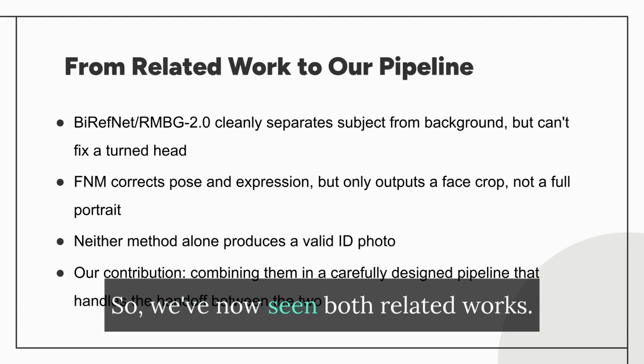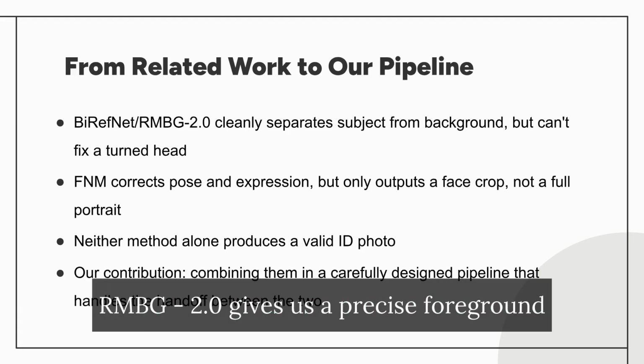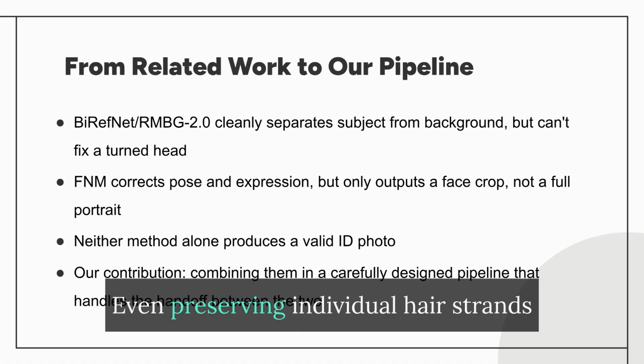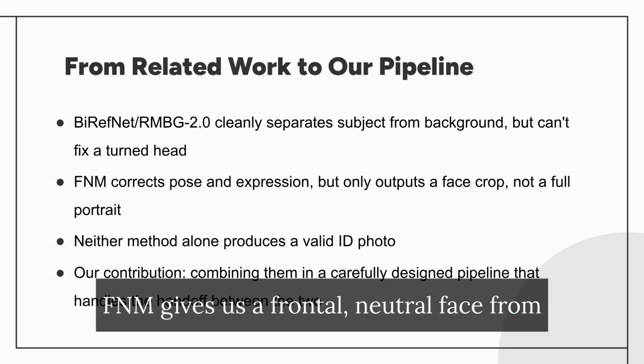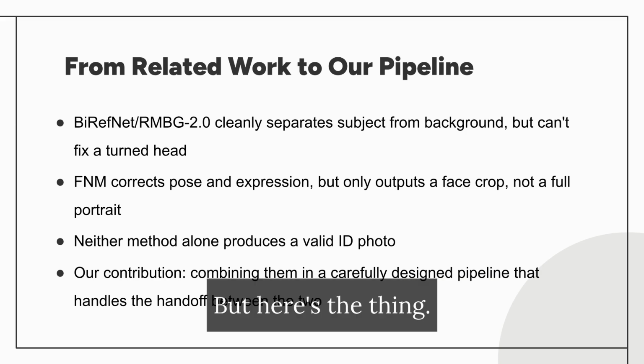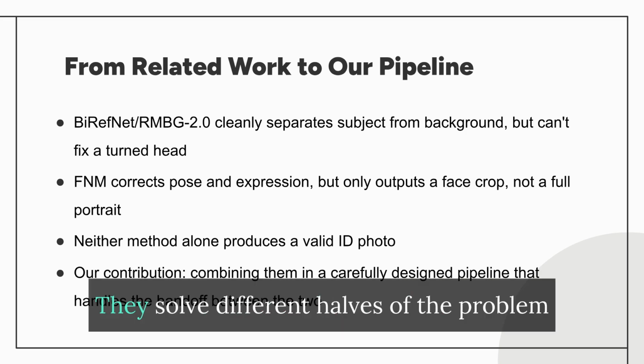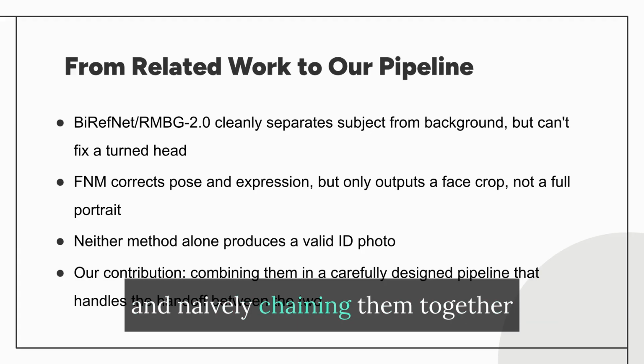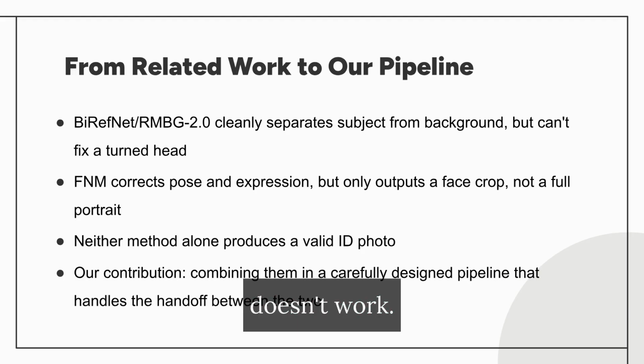So we've now seen both related works. RMBG 2.0 gives us a precise foreground mask, even preserving individual hair strands. FNM gives us a frontal neutral face from any input angle. But here's the thing, they solve different halves of the problem, and naively chaining them together doesn't work.